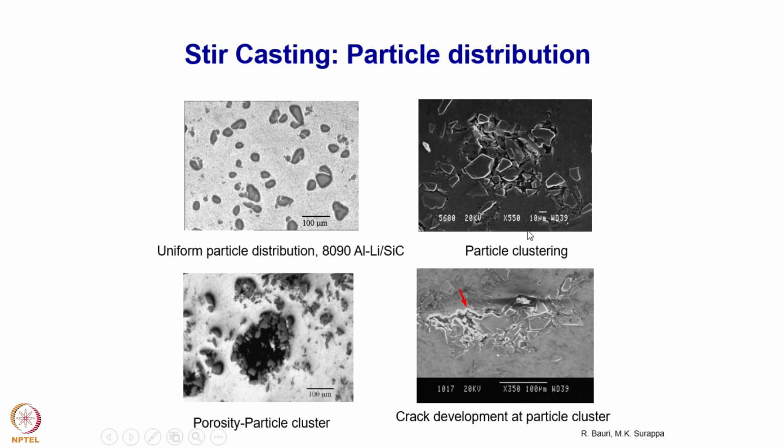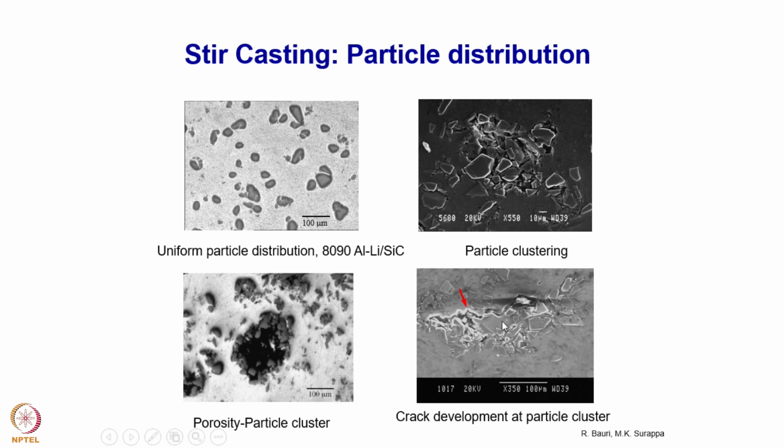Here you cannot really distinguish the individual particles, rather you see an agglomerate of particles, right? This kind of distribution of particles is not at all desirable in a composite material because this is going to deteriorate the properties.